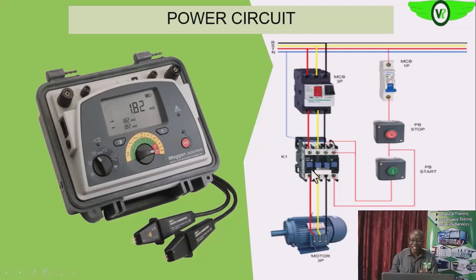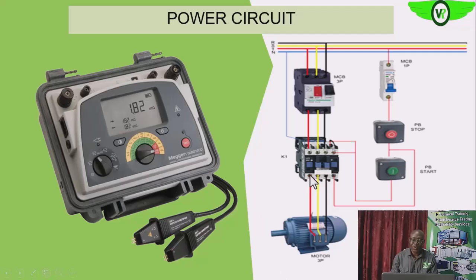Then from here to here, they are the cables that run from the MCC to the field where we have the electric motor. So these ones are longer. These are very short runs. So we can do our test here even when the contactor is open.